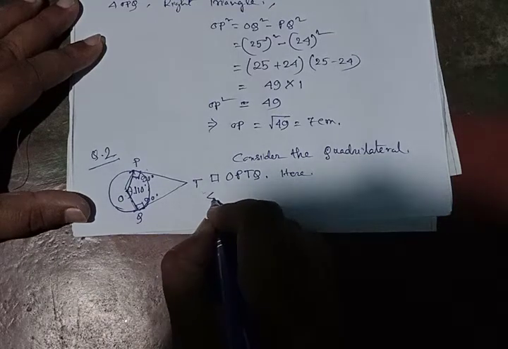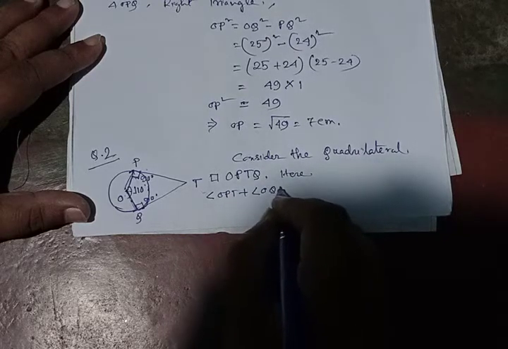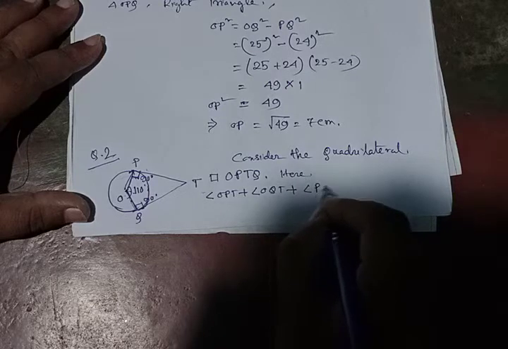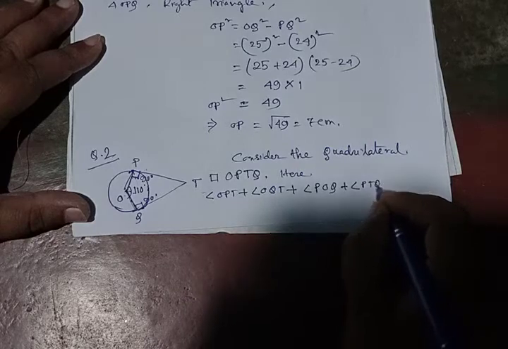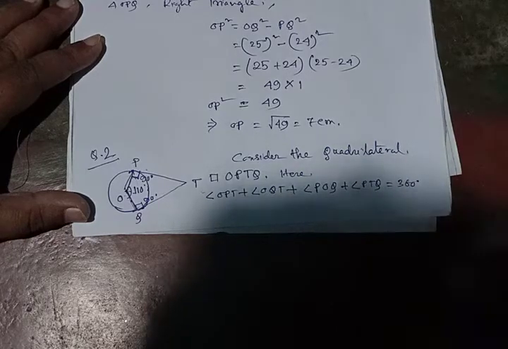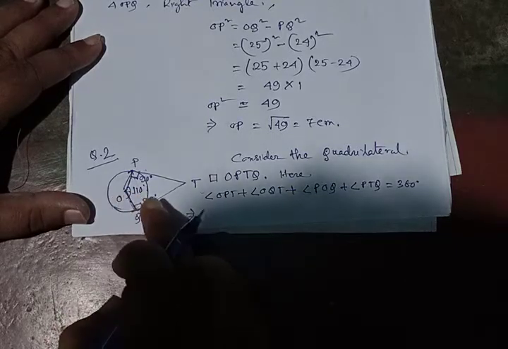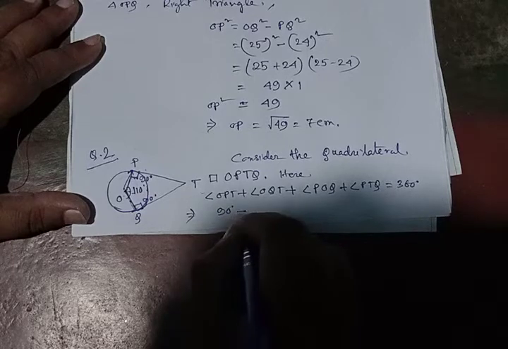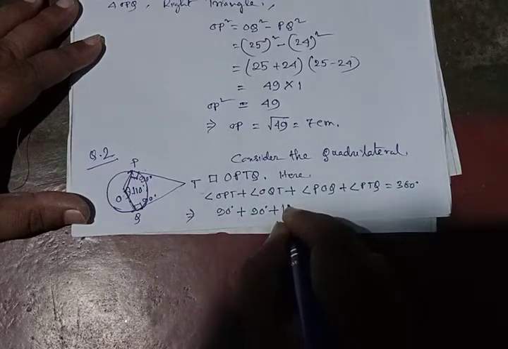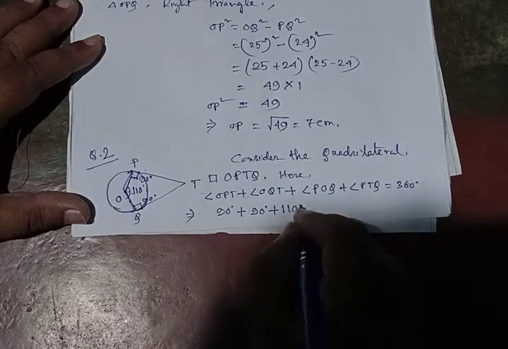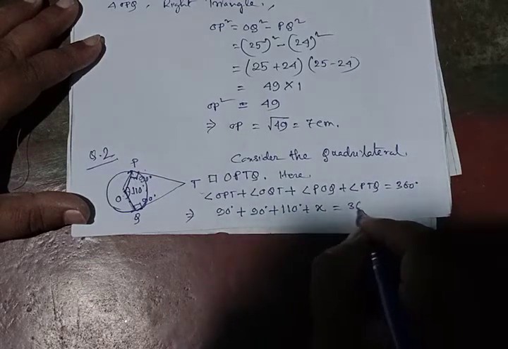So angle OPT plus angle OQT plus angle POQ plus angle PTQ equals 360 degree. Now OPT means 90 degree, OQT means 90 degree, plus POQ means 110 degree, plus PTQ we are taking as X, so 360.